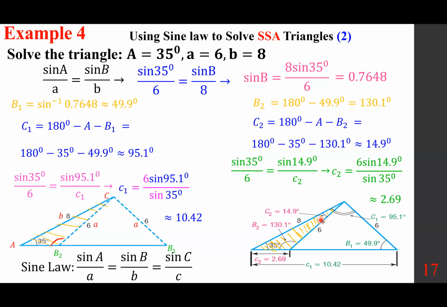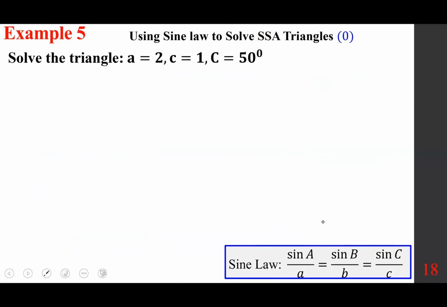I'm going to look at the last case and then we revisit that next time just to be on the safe side. So a is 2, c is 1, capital C is 50 degrees. And with that, we're going to use this last part, sine C over c.